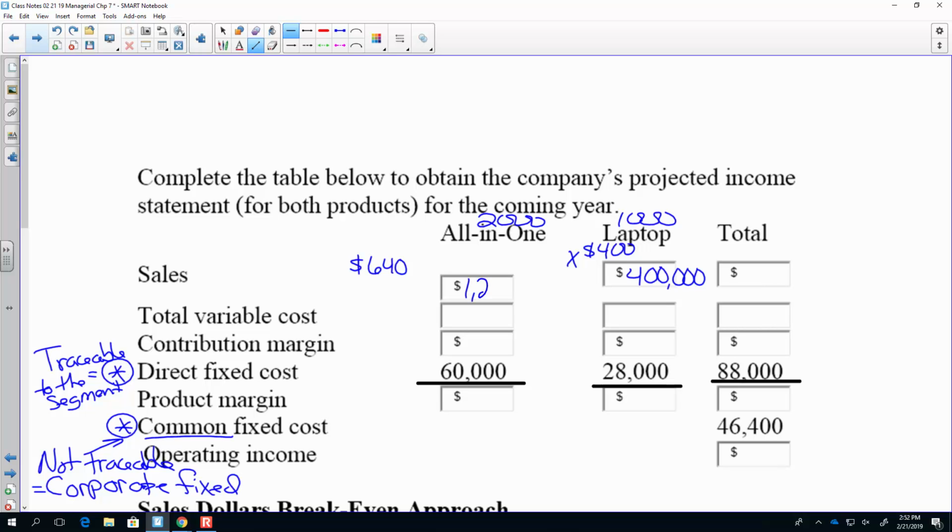And I know the boxes don't fit very good. Do the best we can for a total of 1,680,000. We go to our variable cost. And again, I'm going back to my instructions on the previous page.